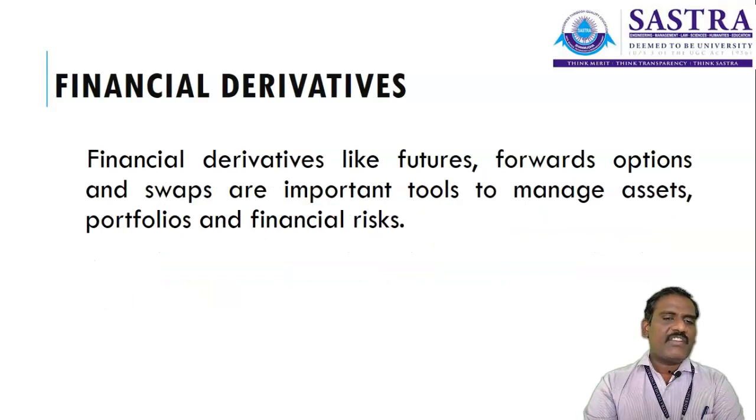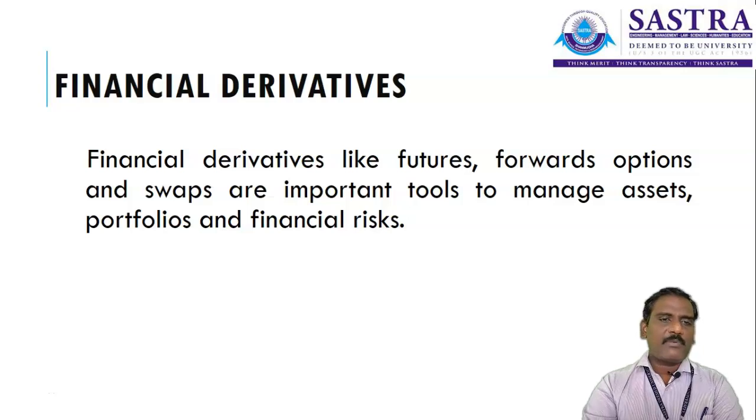In financial derivatives, different types of contracts and tools are used. The tools like futures, forwards, options, and swaps are the major tools used to manage assets, portfolios, and the financial risk associated with the instrument.